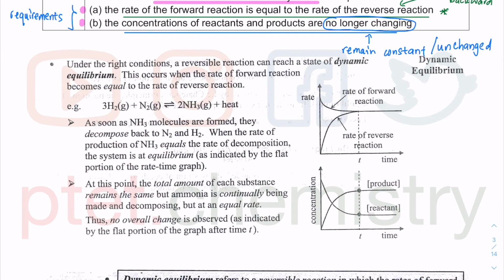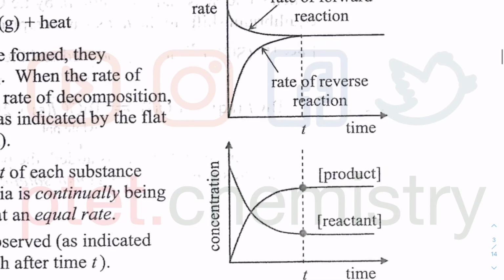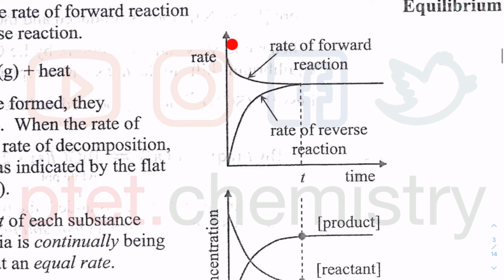This is just the diagrams representing what happened to the rate. So you have the forward reactions. If I just magnify a little bit here, forward reactions. So the rate is slowing down like that, but the backward reaction is happening at the same time, and then they reach equilibrium here. This is when the rate of forward reactions and the rate of backward reactions becomes equal.